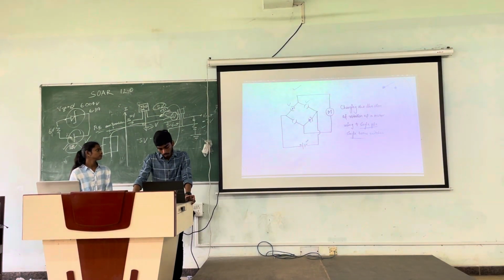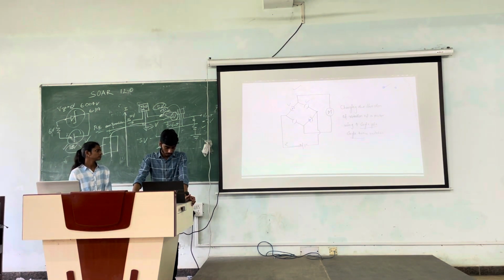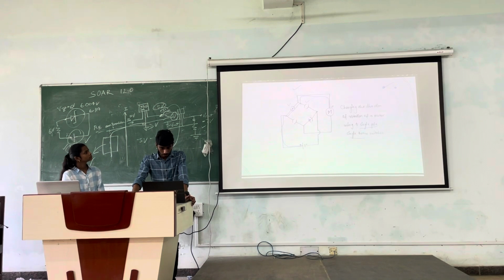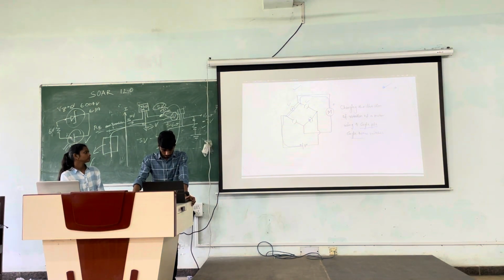Let me explain how. The current from this battery goes up, follows this path, goes upward, and then enters the motor at this terminal, which is the positive side. Now the negative side.